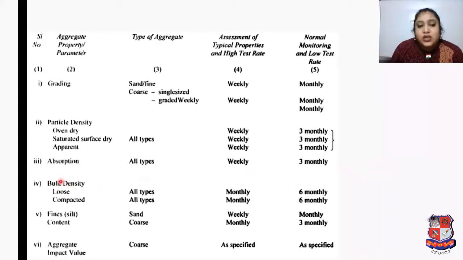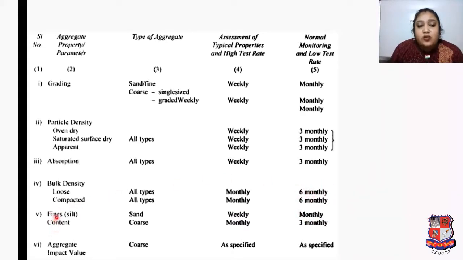3 month interval. If we talk about the bulk density, then for loose and compacted, the type of aggregate for all types, the assessment of typical properties and high test rate is monthly for loose and compacted. And if we talk about normal monitoring and low test rate, then it is at 6 months or after 6 months, meaning we can say that in a year 2 times.